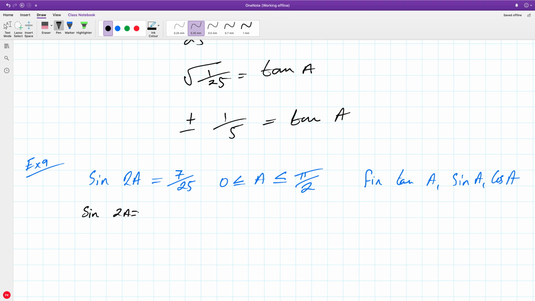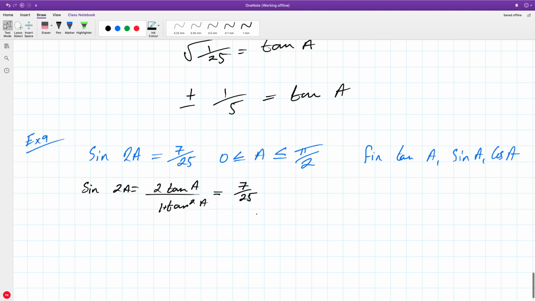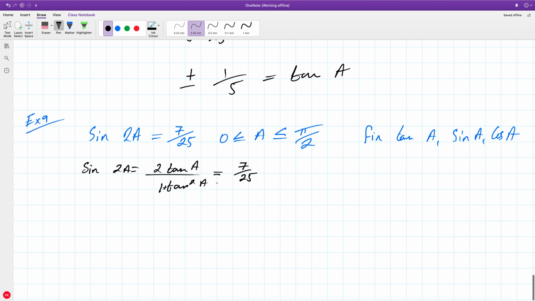The sine of 2a is equal to 2 tan a over 1 plus tan squared a. And that's equal to 7 over 25, our fraction. So 25 times 2 tan a is 50 times the tan of a is equal to 7 plus 7 tan squared a, yeah?